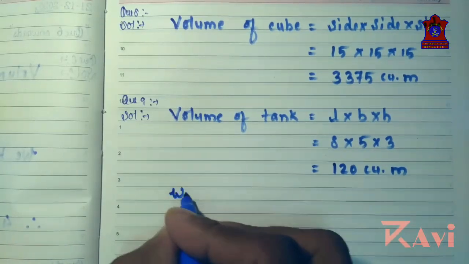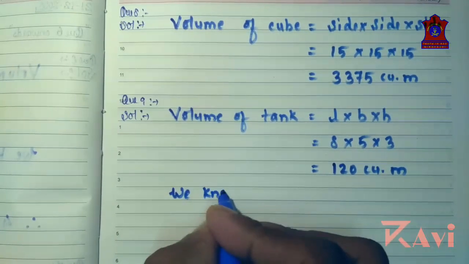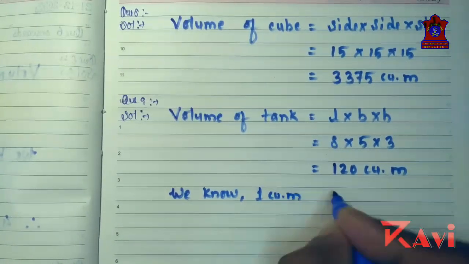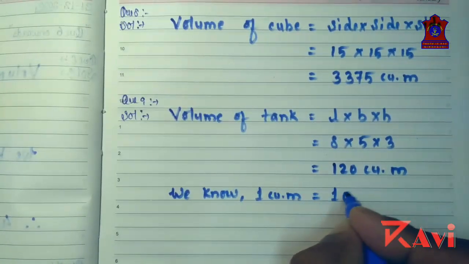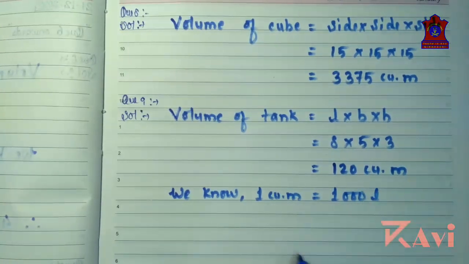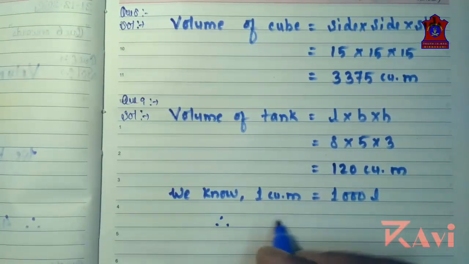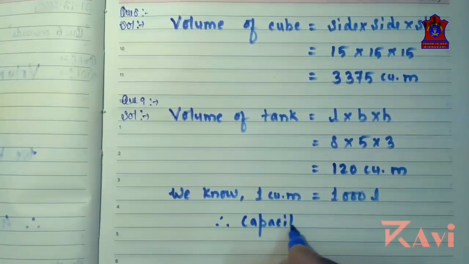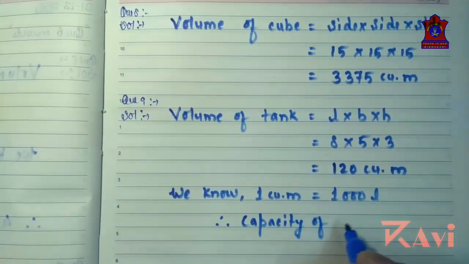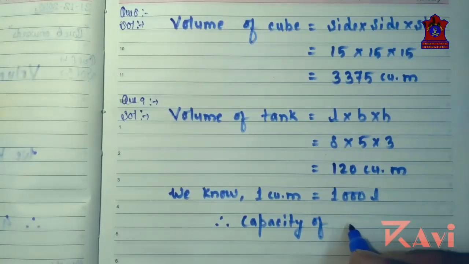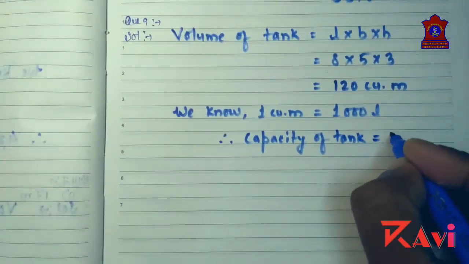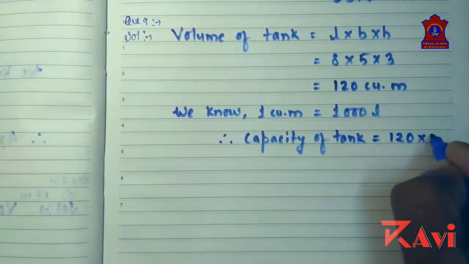Now we know 1 cubic meter equals to 1000 liter. Therefore, capacity of tank equals to 120 into 1000 liter.